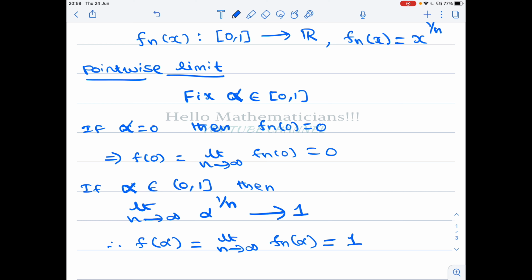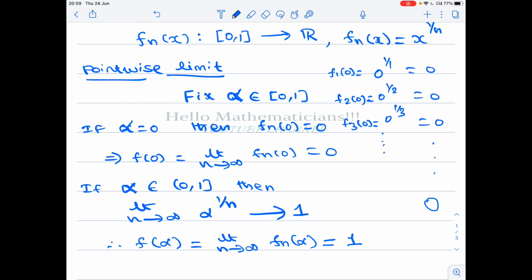First you have to take 0 power 1 by 1, 0 power 1 by 2, 0 power 1 by 3. So basically this is f1 of 0, this is f2 of 0, this is f3 of 0, etc, but all these numbers are 0. So when you let the limit n tend to infinity in this sequence, you will get 0.